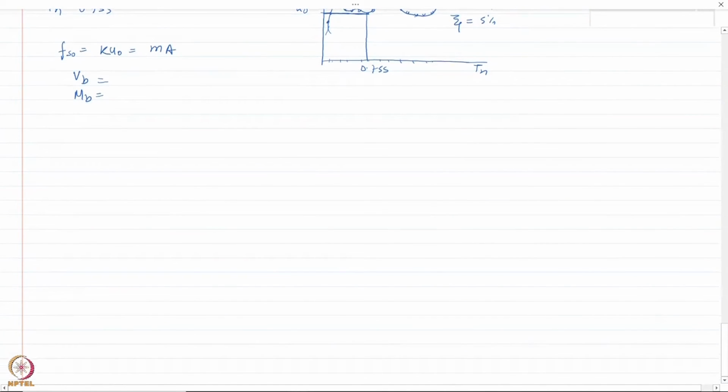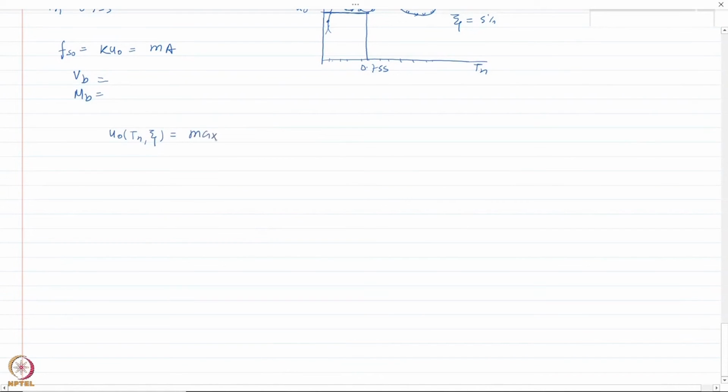So I can write down that my peak response for any system, for a given ground motion u naught, Tn and zeta, would be the maximum response of this quantity here. This is for a particular Tn.